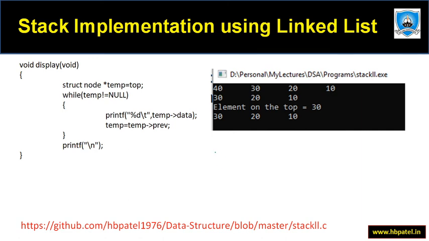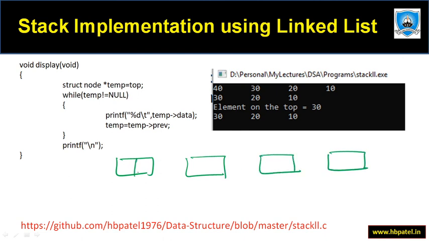And in case of display, as we know, it is very simple. Supposing you are having four different nodes starting from the first to last. Let's say again 10, 20, 30, and let's say this one is 40, and 40 is nothing but your top. This previous is pointing to this one, this previous is pointing to this one, this previous is pointing to this one, and this is null.